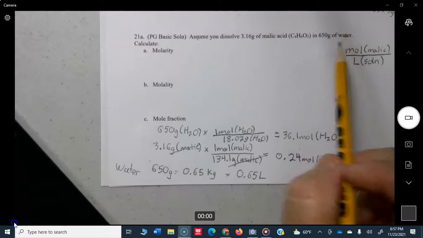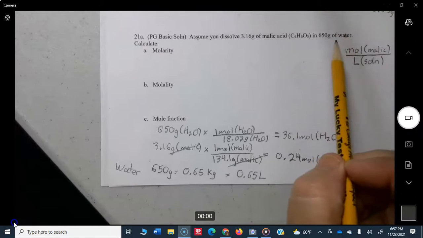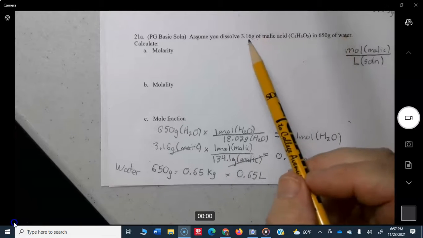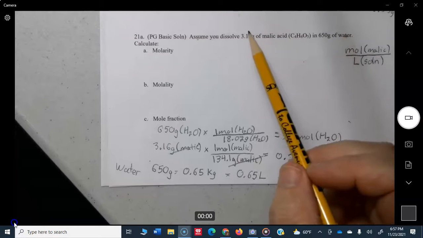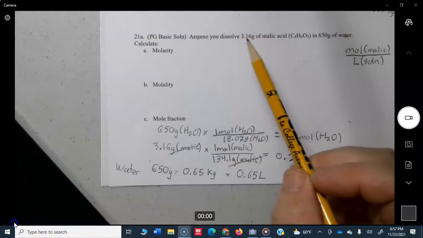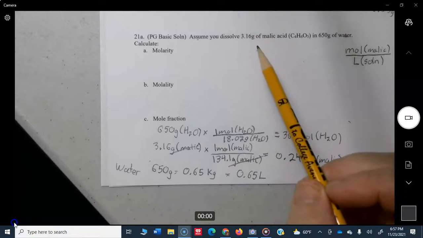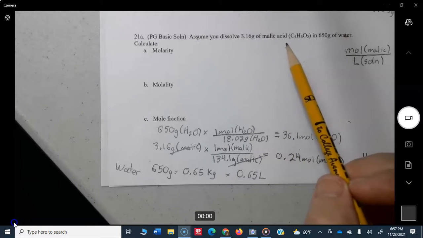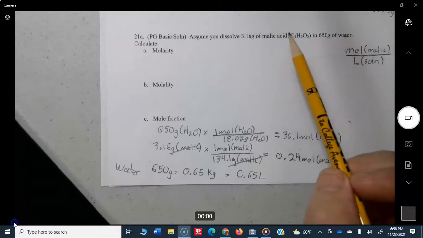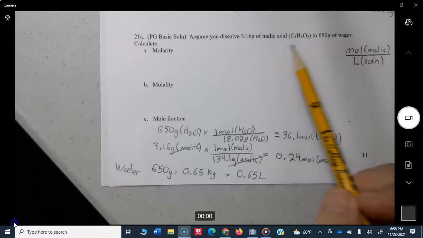So this problem gives you grams of water, which we converted down here into liters of water. But liters of water is not liters of solution, it's liters of solvent. We don't have any way to know what the volume is of this solution with this added in. We would need a density of a malic acid solution, and we would need to know how many grams per liter that is.